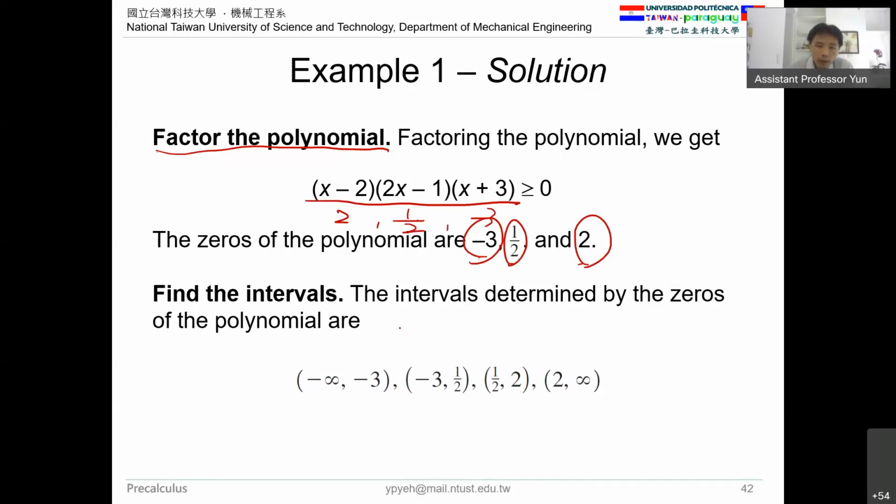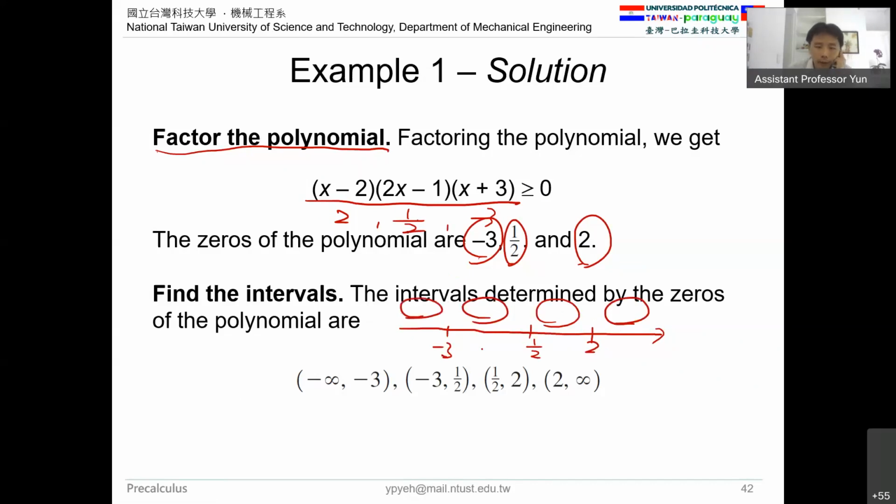And since we found these 3 zeros, we can simply draw these points, which are 2, 1 divided by 2, and minus 3. In this case, you can find the function will have these 4 intervals.